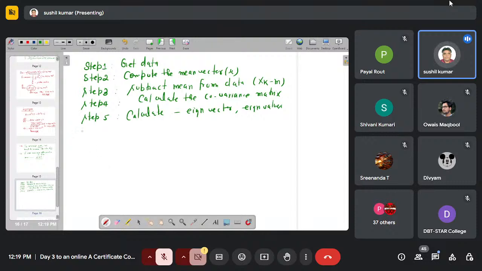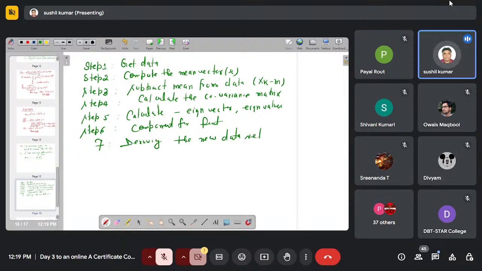And step 6, I will choose the components to form a feature vector. And step 7, I will derive the new data set from the existing one.